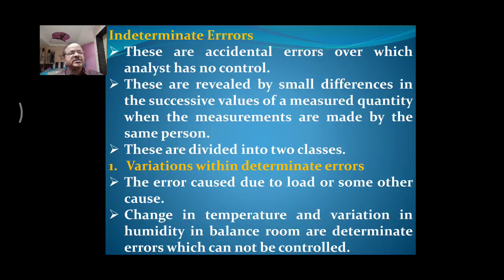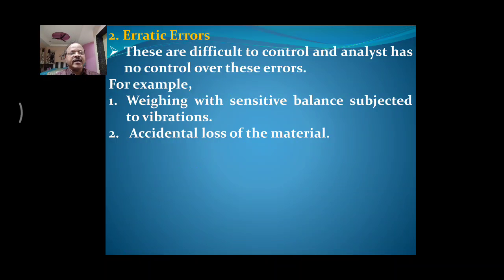The second type of indeterminate error is called erratic errors. These are difficult to control and the analyst has no control over these errors. What sort of erratic errors are there?